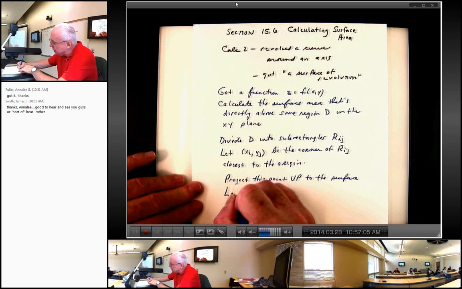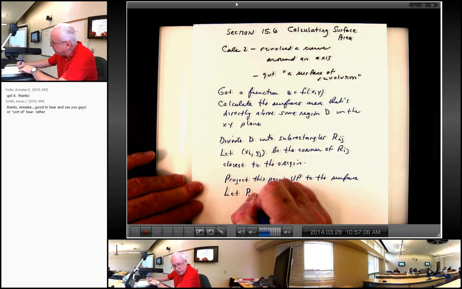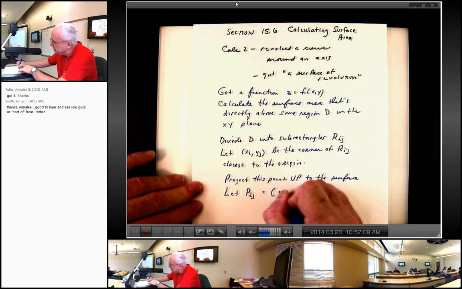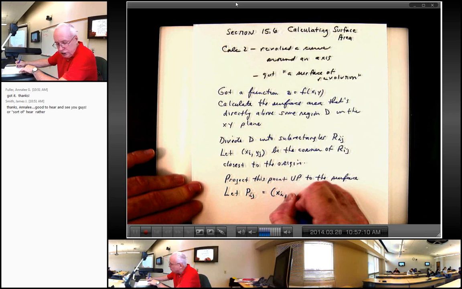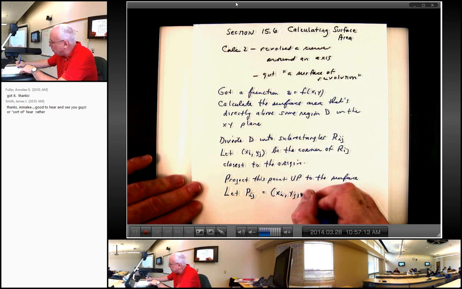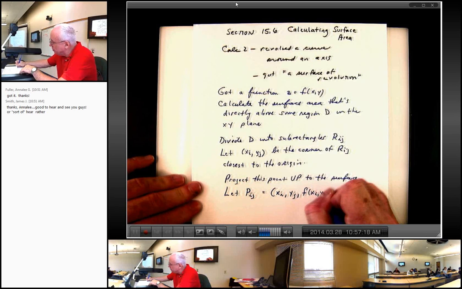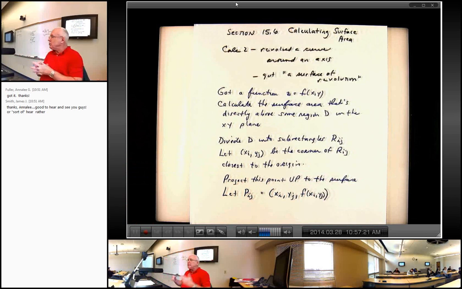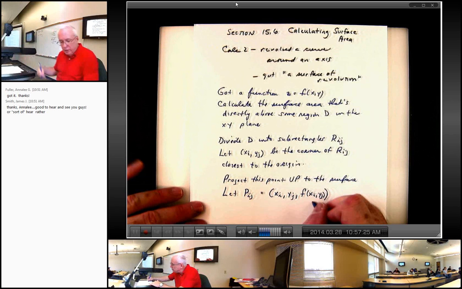Let's call that capital Pij, and so its x coordinate is xi, its y coordinate is yj, and its z coordinate is going to be the value of the function, because that's how the surface is defined. So that's our z coordinate.